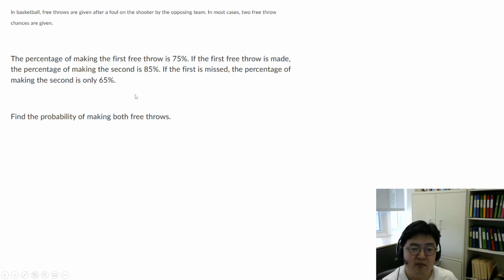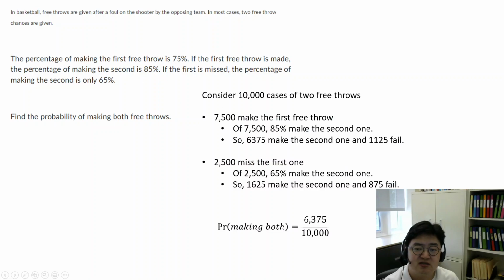Of course, the numbers may be different in reality. But let's try this. Now I'm going to choose 10,000 cases, right? 10,000 shooting fouls. I choose 10,000 because later I will show you the number. If you choose, for example, 1,000, then you are going to get a number like 637.5 free throws.